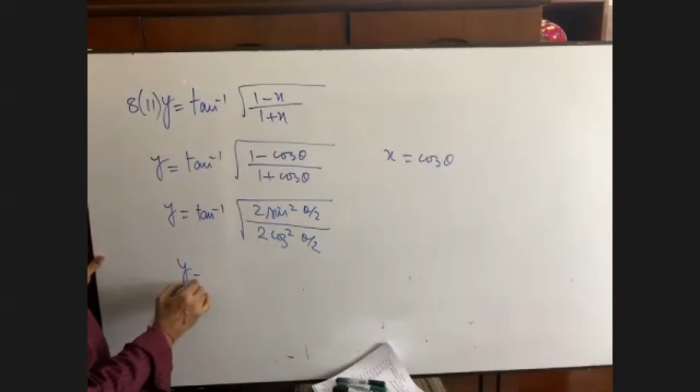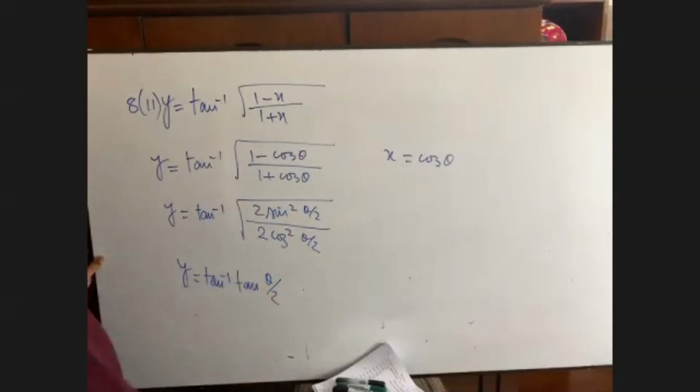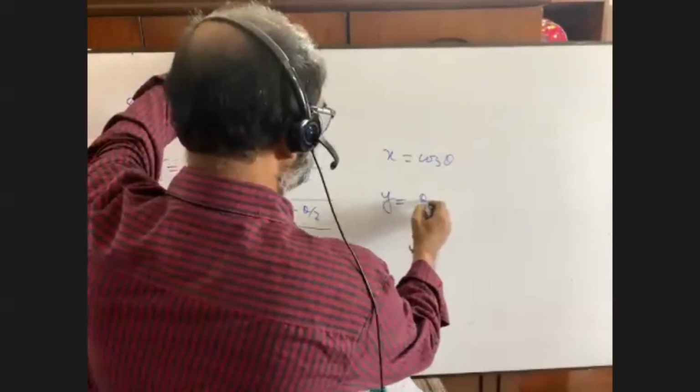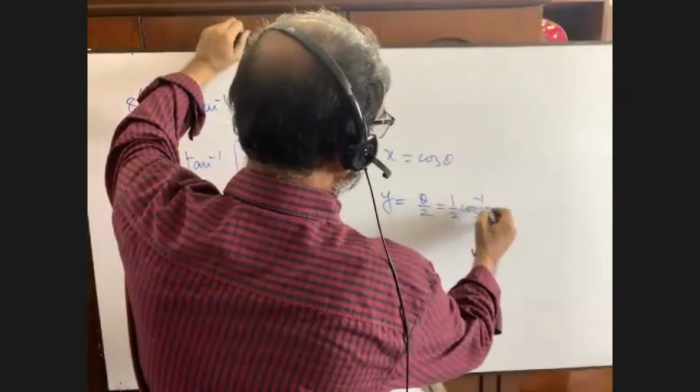So we are getting tan inverse tan theta by 2. Actually, this was our previous math. So y is equal to theta by 2. That is half cos inverse x.